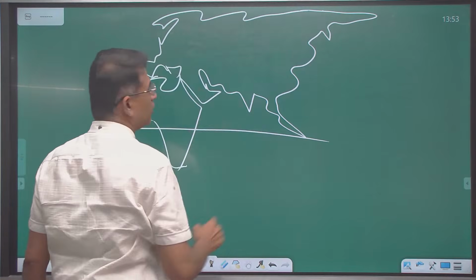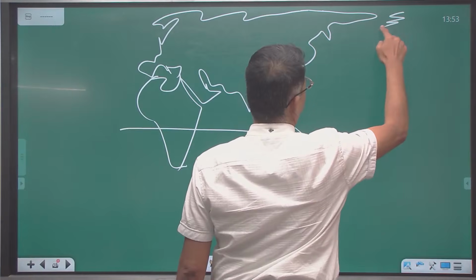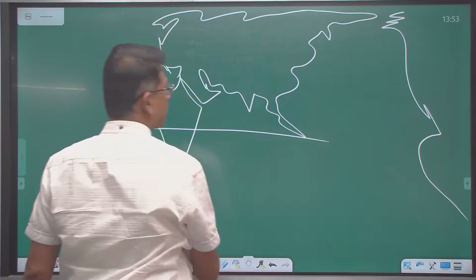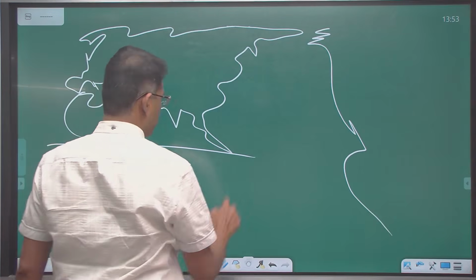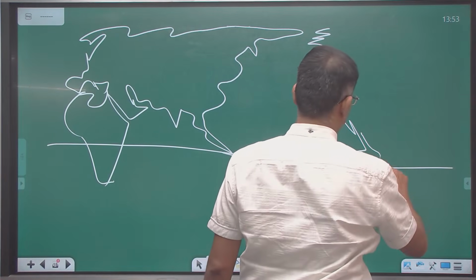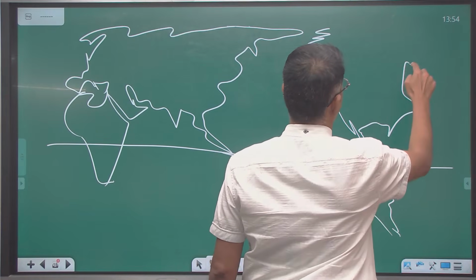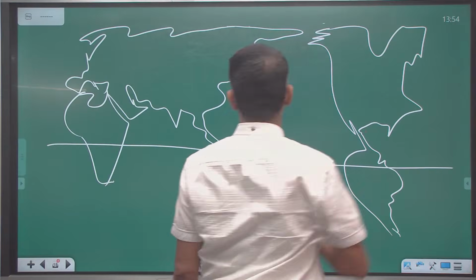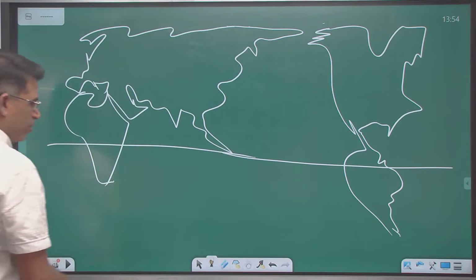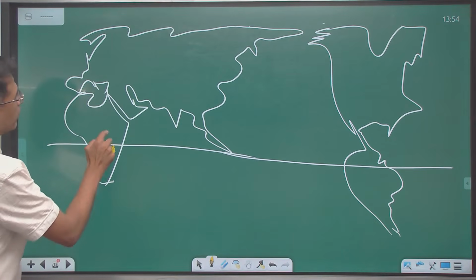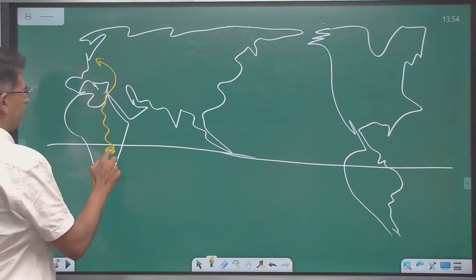That's North America, South America. So one theory was that evolution happens from here towards Europe.